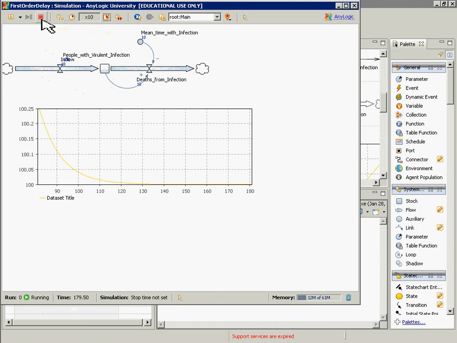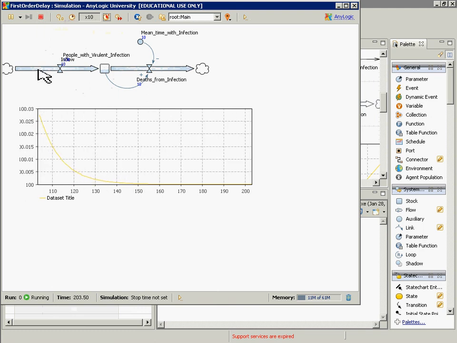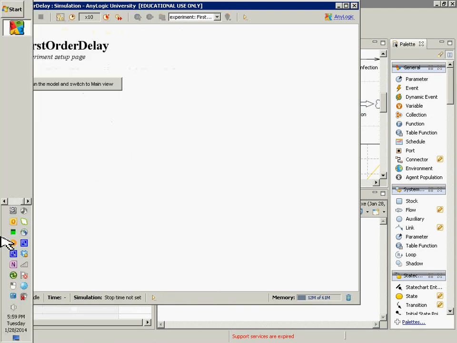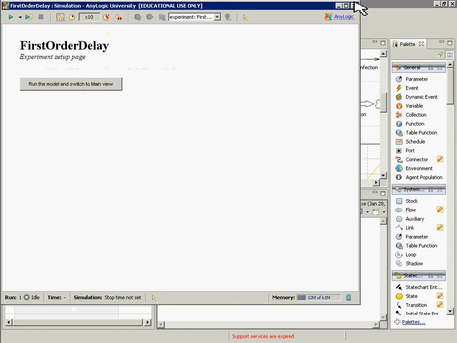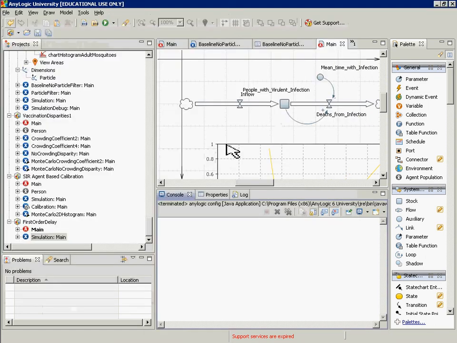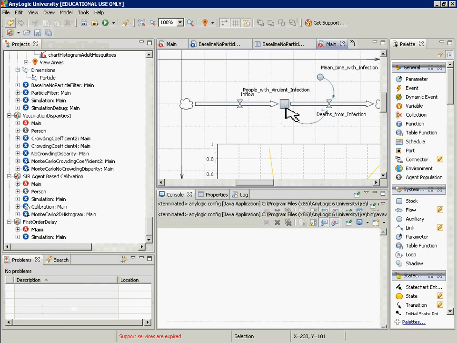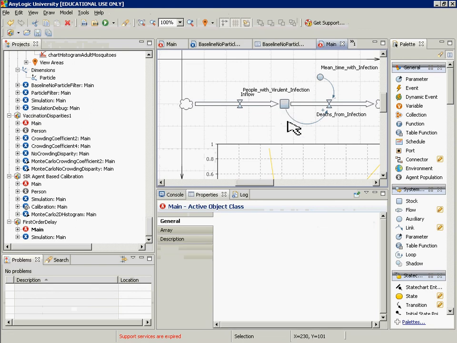Okay, equilibrium value will again be 100. What will we expect to see? Well, here we'll get a situation where it's initially rising, and towards what value is it leading? A value of 100.